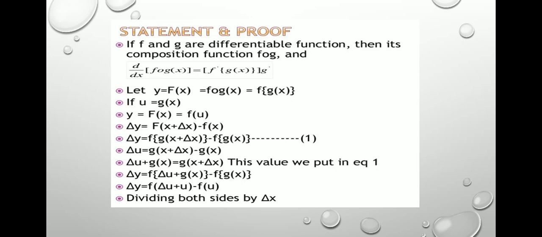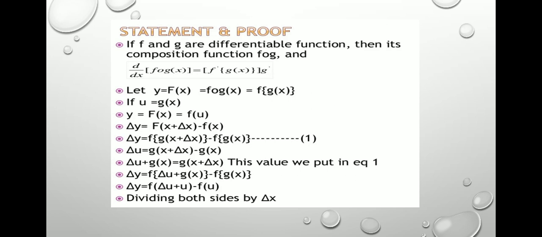Statement: if f and g are differentiable functions, then for the composition function f composed with g, d over dx of the quantity f of g of x is equal to f prime of g of x times g prime of x.